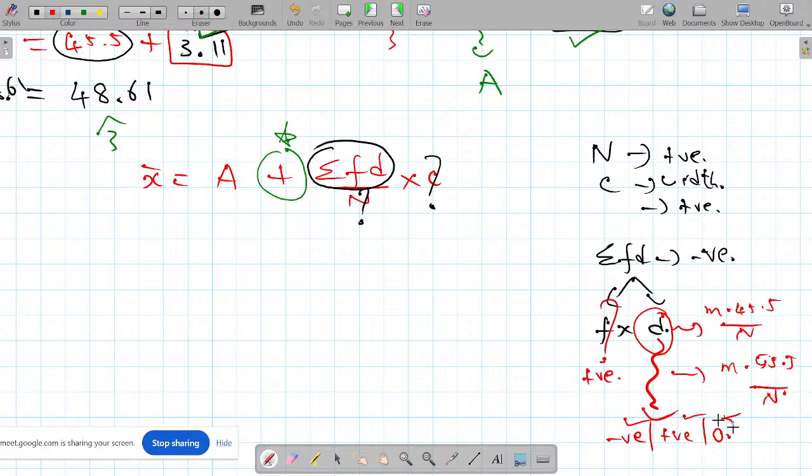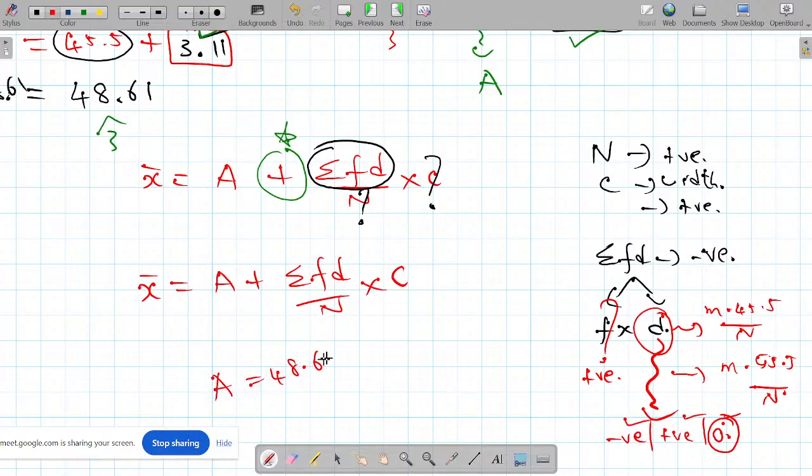Let us go for the other case. Let us try this one. With the same formula, x bar is equal to a plus summation fd by n into c. Here I'm going to take the A value as 48.61. Will you try?